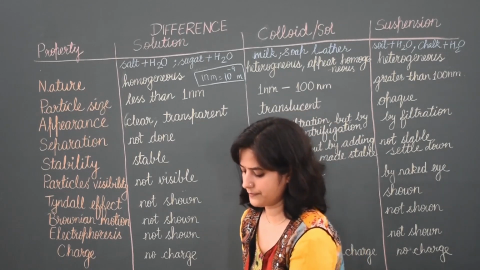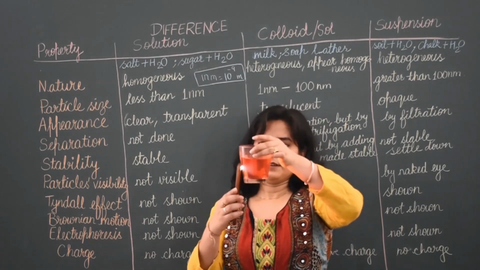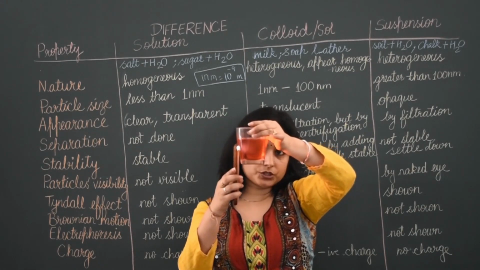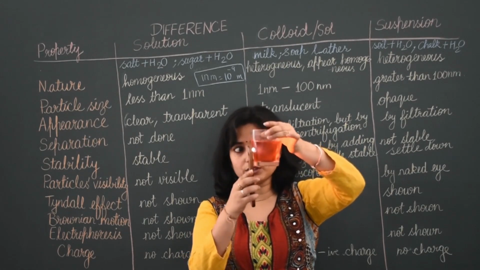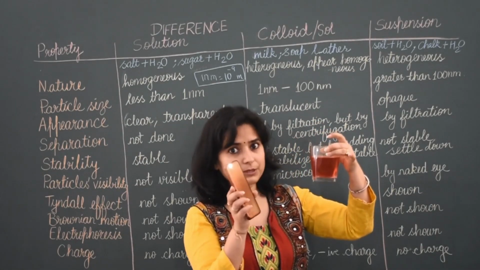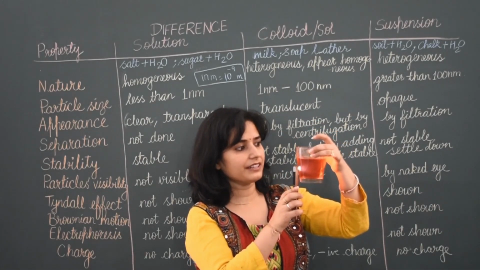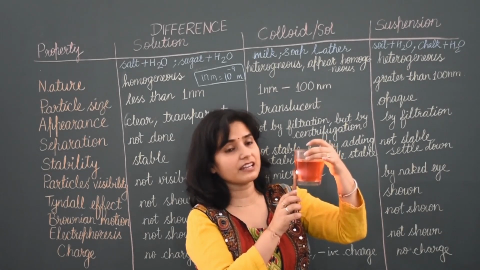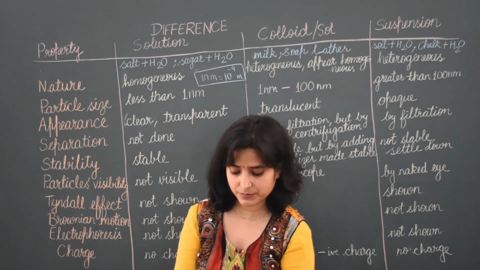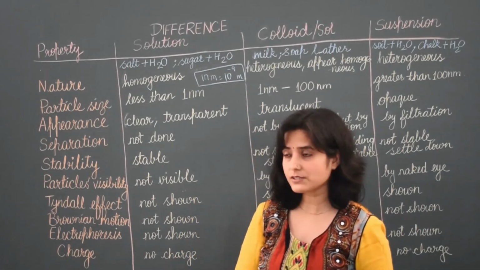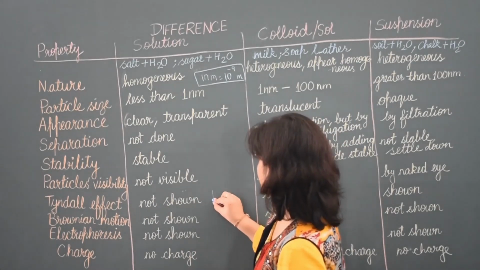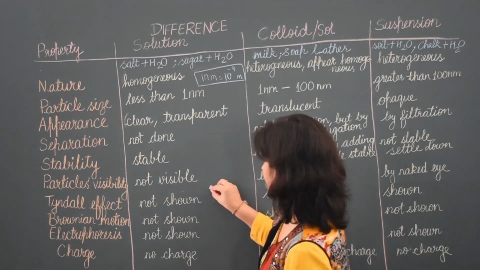See, I pass this light inside the solution. It is not seen inside, but outside the glass you can see it on the hand. That means when we pass light from one side, it is seen directly outside the glass, not inside the solution.